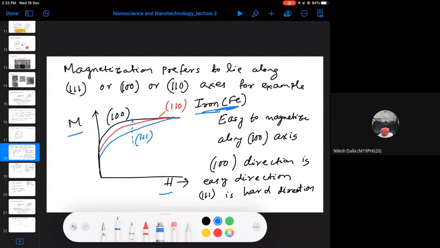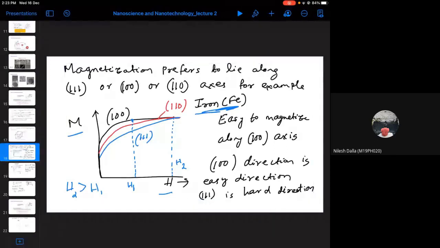So what you see here is, to get to saturation along 100, you apply a small field H1. But now if you are applying the field along the 110 or 111 direction, you have to go to probably quite a high value H2. So here your H2 is greater than your H1.